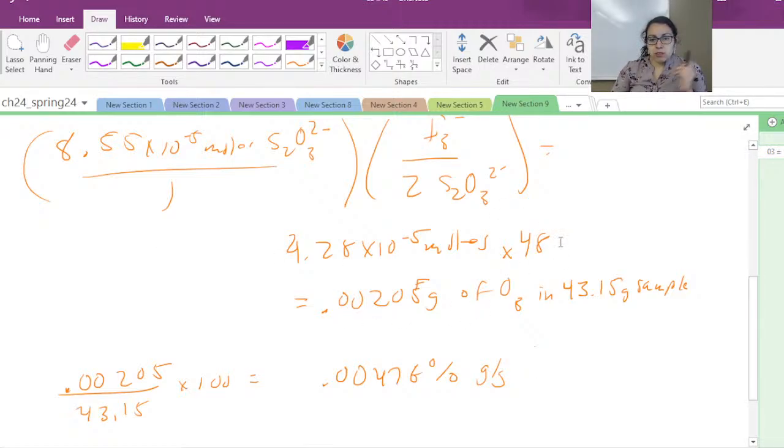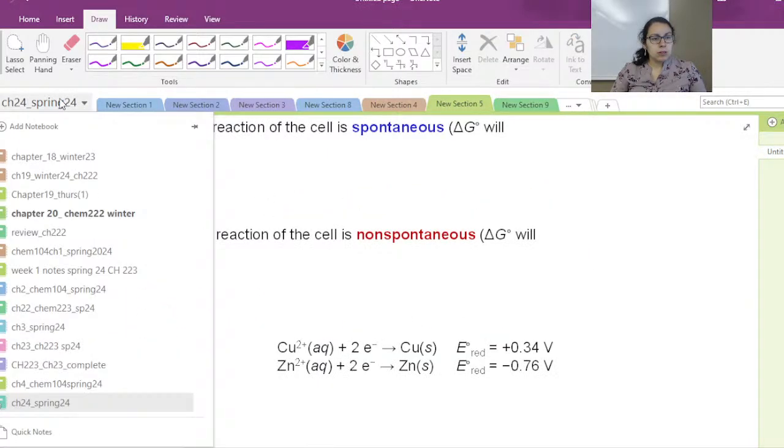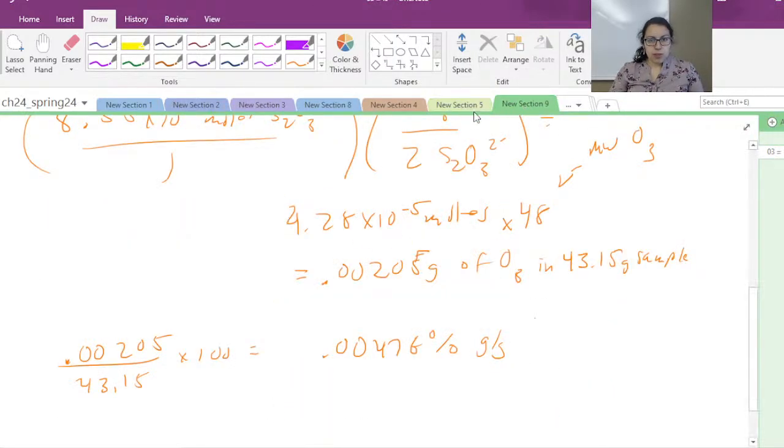Oh, the 48 was just the molecular weight of ozone. Oh, okay. Okay. Just making sure we're on the right thing.